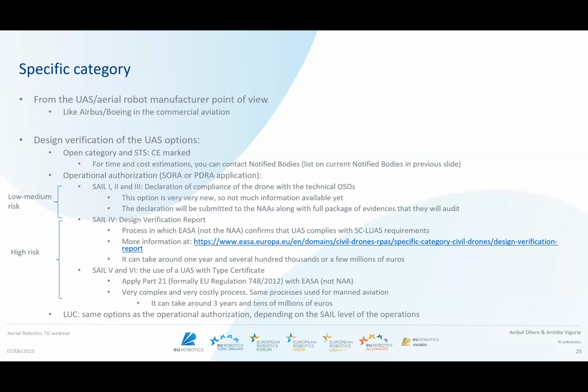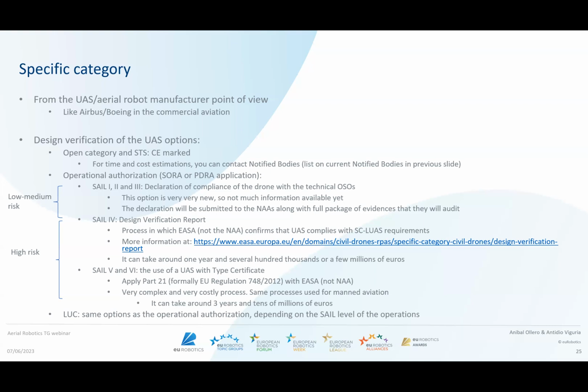But this is done by the manufacturer, not by the operator, okay? So when the operator submits the operation authorization for SAIL 1, 2, and 3, the operator needs to put, along with the other documentation, this declaration of compliance from the manufacturer.